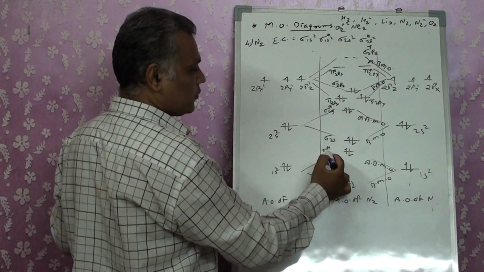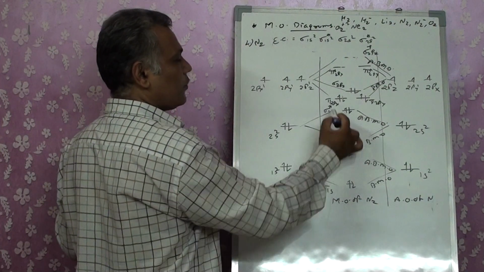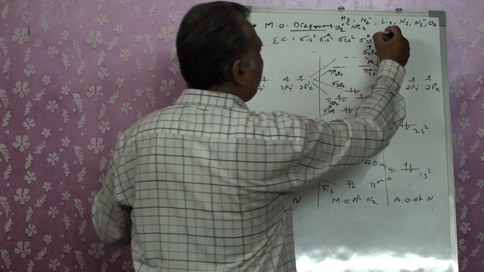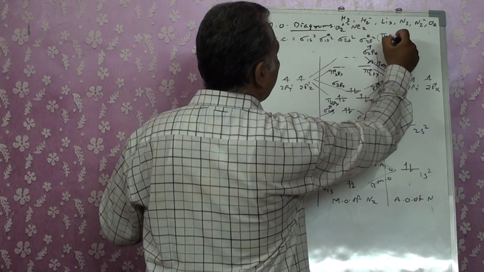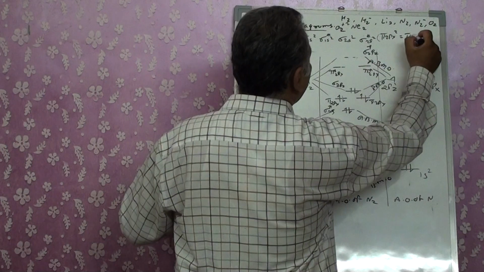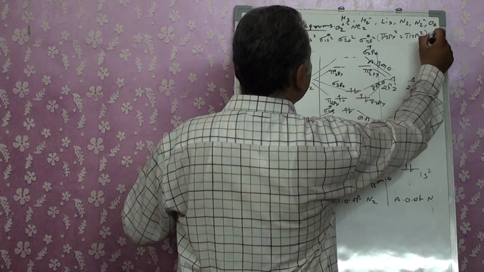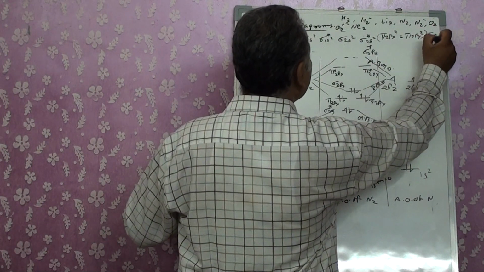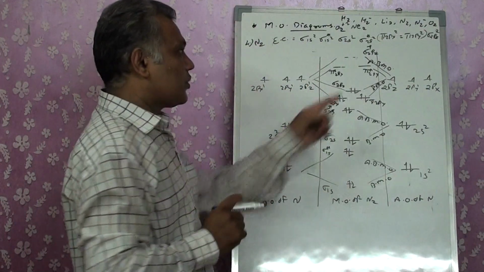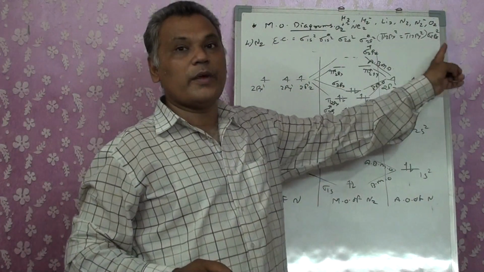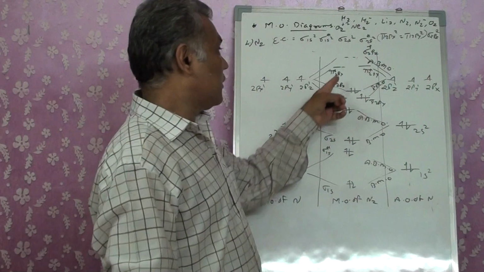Now you have pi 2px2 equals pi 2py2, sigma 2pz2. This is the sequence, the energy sequence, that we want to maintain, right?